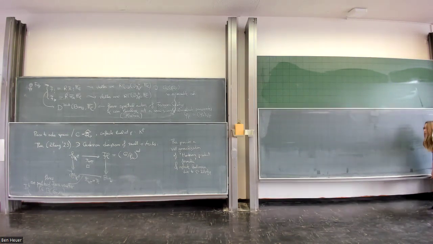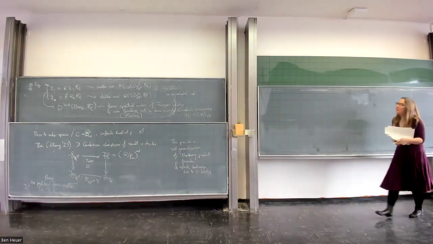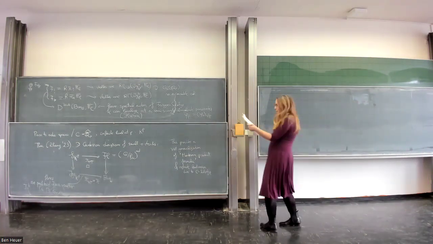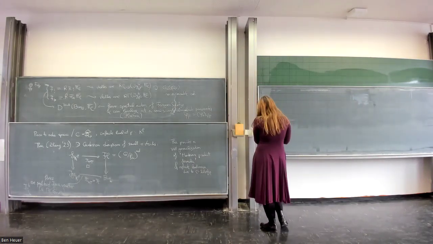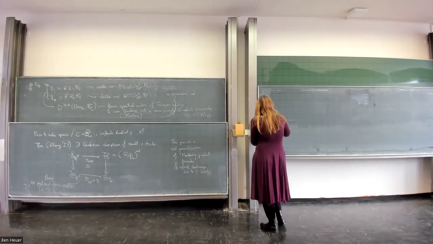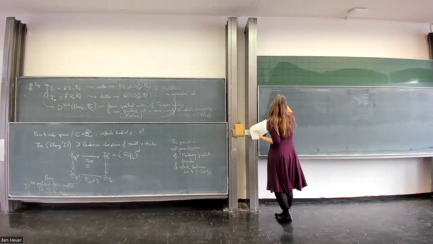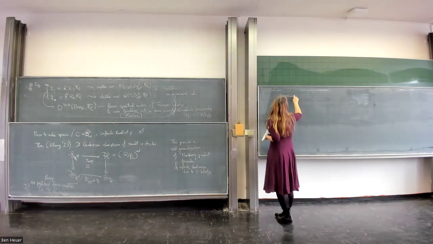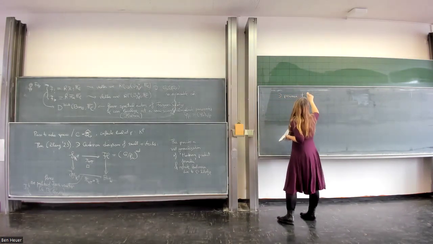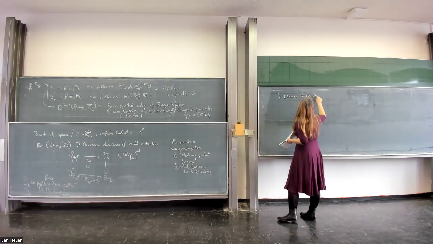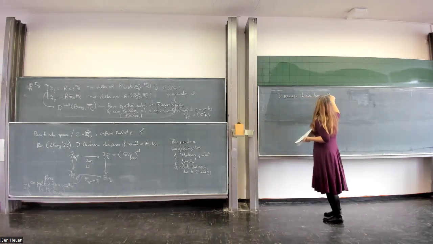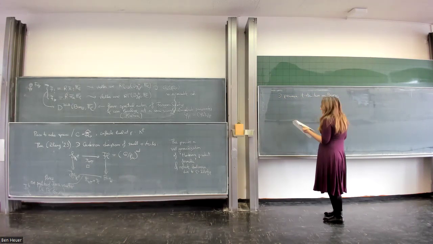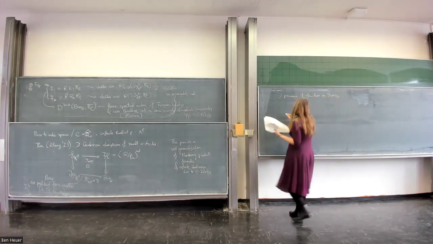All right, and I have to tell you one more thing before I can explain the proof of the theorem. Namely, there is a perverse t-structure on Bun_G that is defined with respect to the Newton stratification on it.